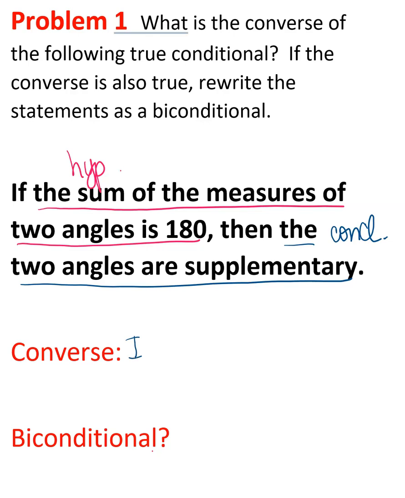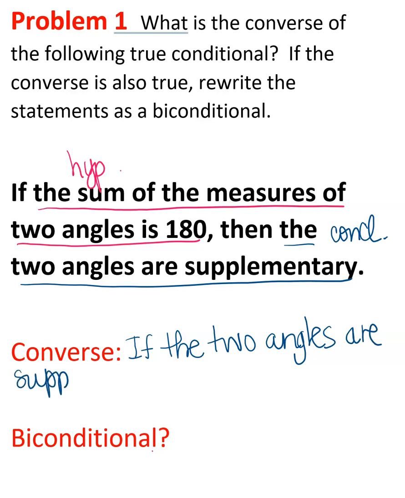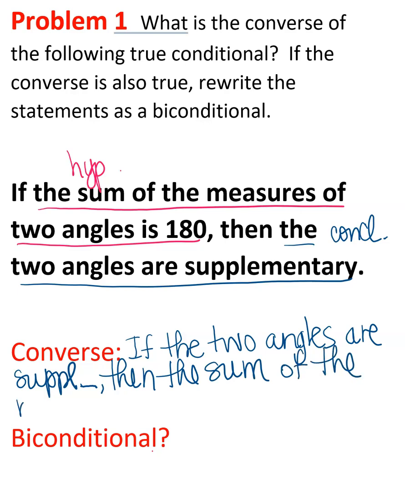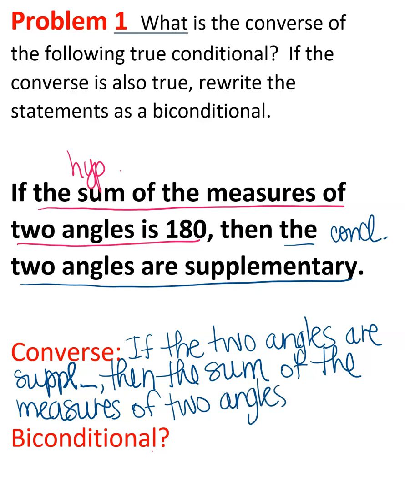So if the two angles are supplementary, then the sum of the measures of two angles is 180.